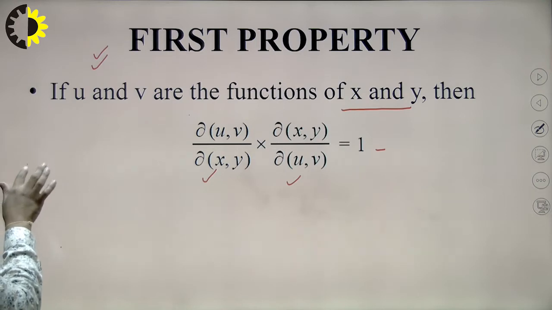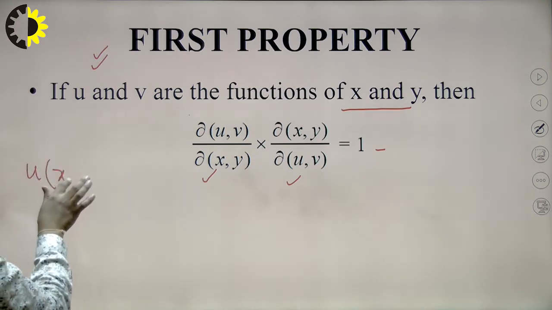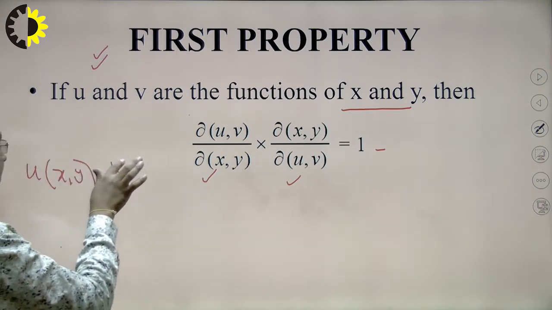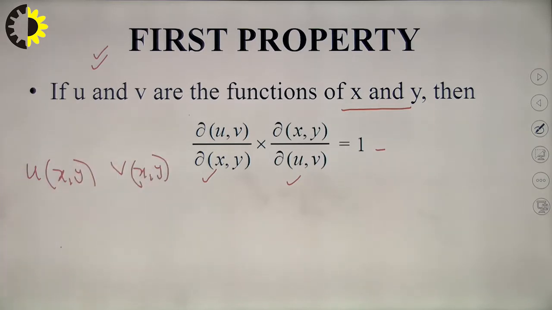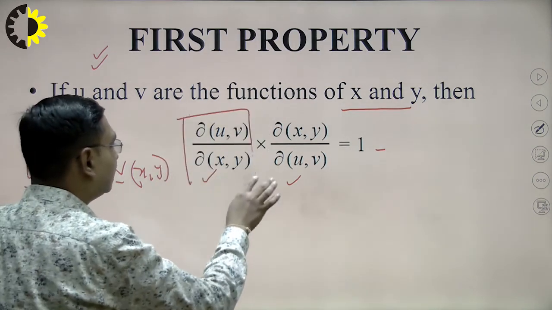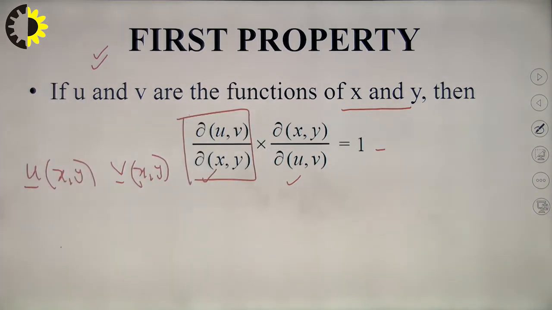The property says, suppose u is a function of x and y and v is also a function of x and y. Somehow I am able to express u and v in terms of x and y, then I can calculate this Jacobian del u v over del x y.